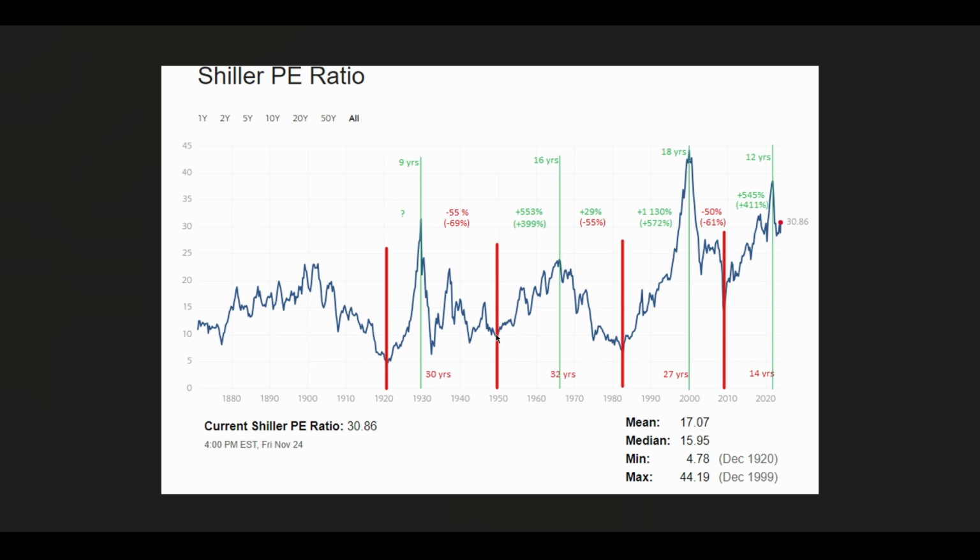Now looking forward, the next cycle began in 1950, and it took 16 years to reach the peak, during which the stock markets returned 553%, which is more than 6x your initial investment, and inflation adjusted it was an increase of 400%, still remarkable.